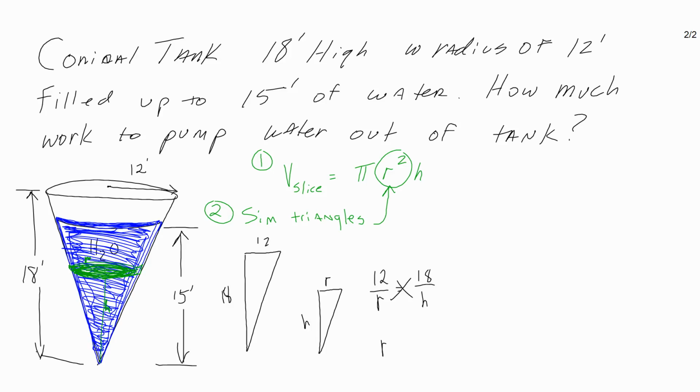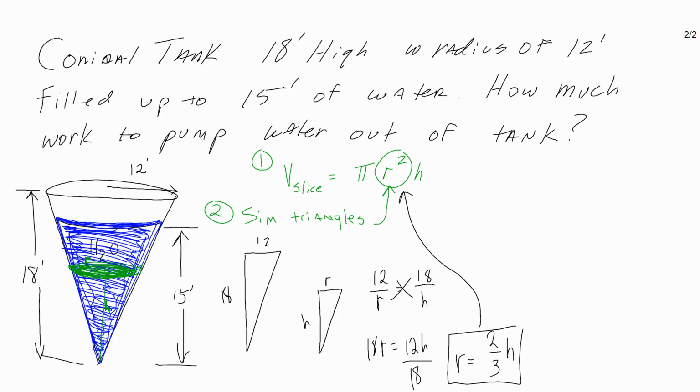So 18R is equal to 12H, divided by 18, and R is equal to, 4, 5, 3, what? 2/3. Somebody help me out. 2/3 H. And we're going to take that 2/3 H, and we're going to plug it into that.